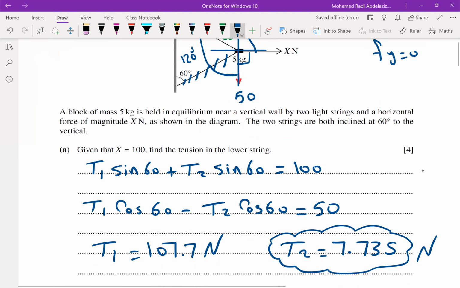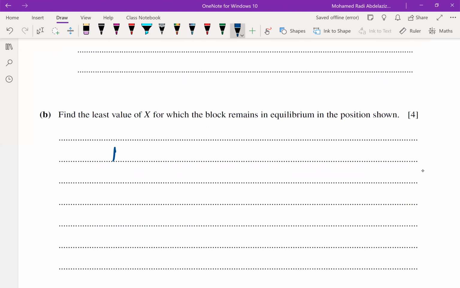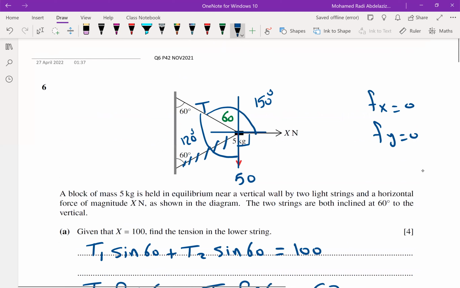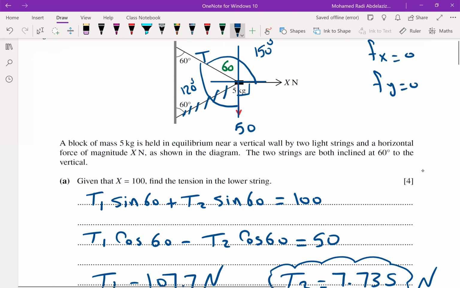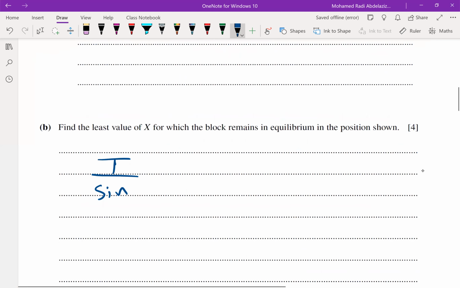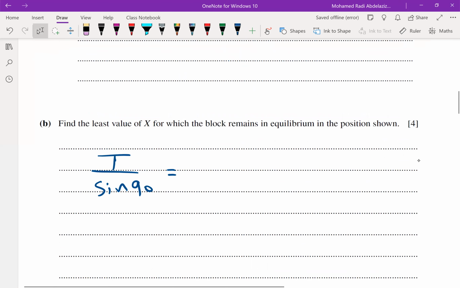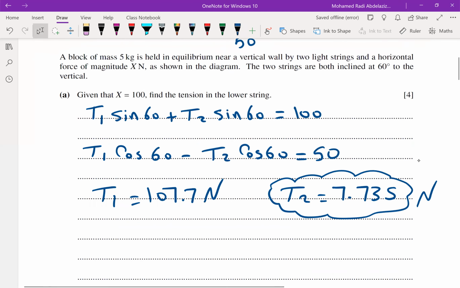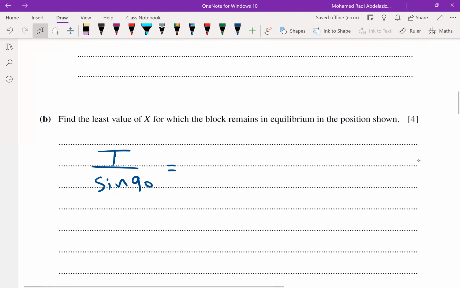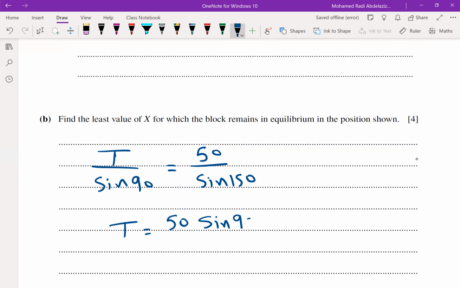By using Lami's rule, force T over the sine of the opposite angle, which is included between the other two forces, which is 90 degrees. So T over sine 90 degrees is equal to the force 50 over sine 150. So the value of T is 50 sine 90 all divided by sine 150.